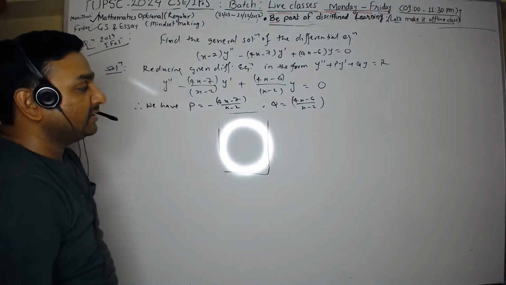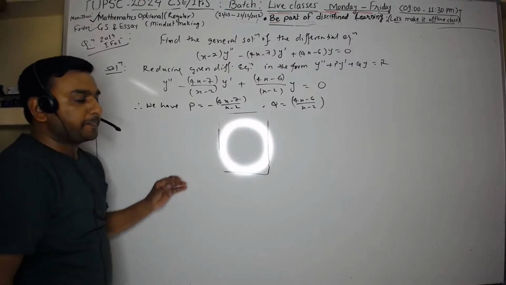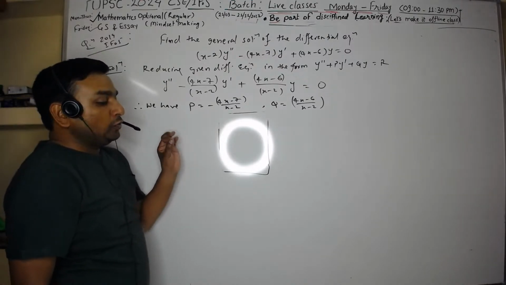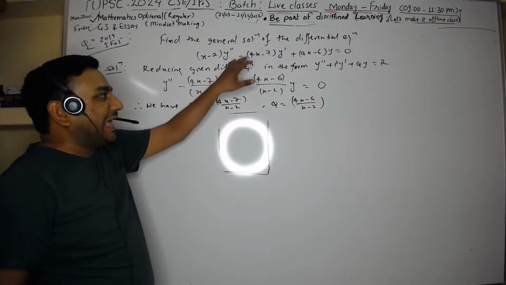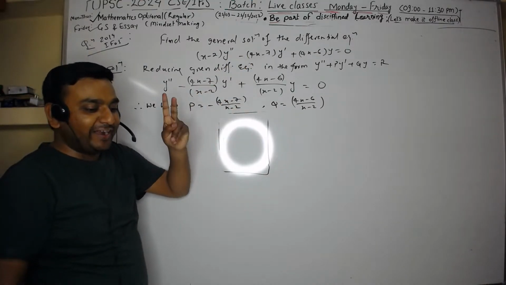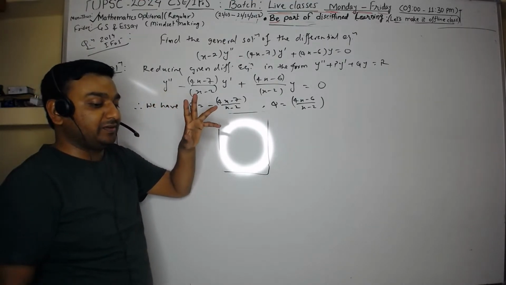Now our job starts. If I want to use the method of variation of parameters, our life becomes hell, because finding two linearly independent solutions is very tough, next to impossible.